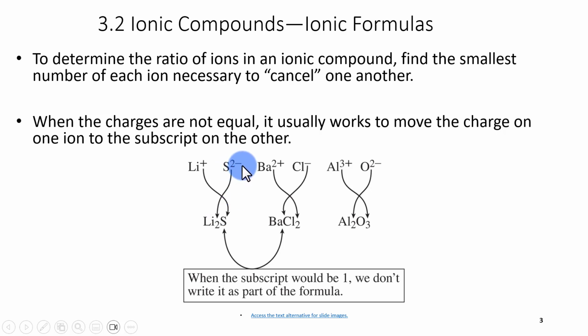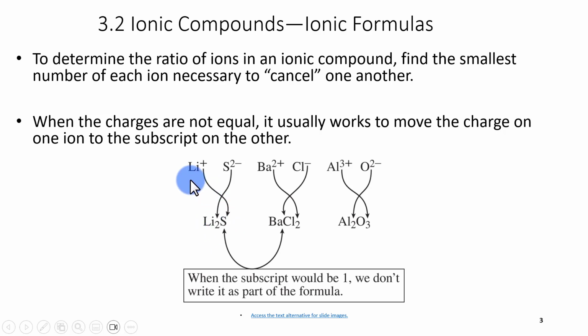So if I take the charge from my sulfur and bring it down as a subscript on my lithium, that will take care of how many lithiums I need. If I take the charge of the lithium, which is a +1, I can bring that down as a subscript for my sulfur. Now we don't write the subscript of 1, it's just implied.